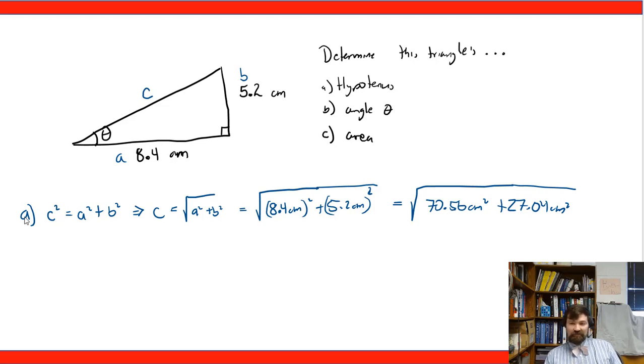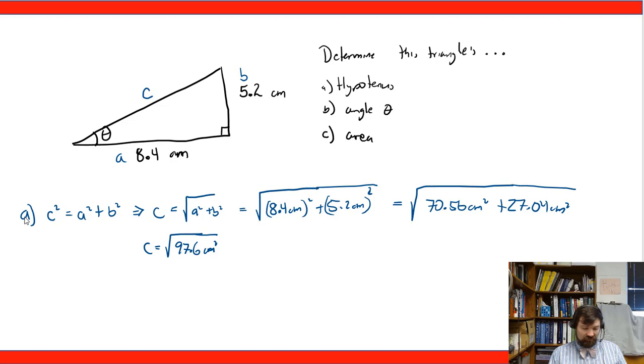Okay, so I add 27.04 to 70.56. I end up with 97.6 square centimeters. So C is the square root of 97.6 centimeters squared. And again, this should be rounded to 98. There's two significant figures there.